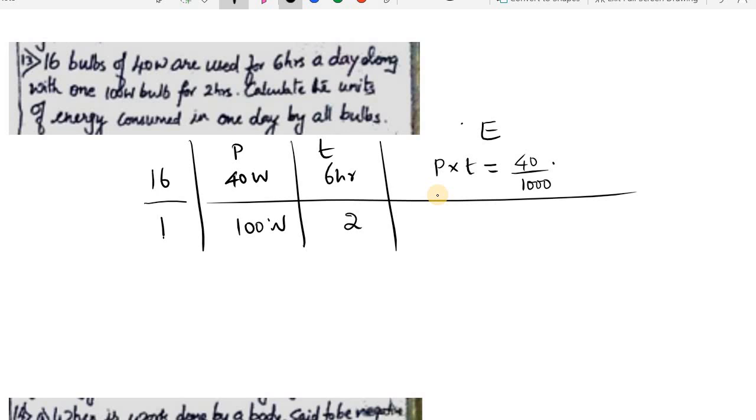So 40 by 1000 into 6. Here it would be, and there are 16 bulbs, so this whole thing into 16, and here it is again P into T. So 100 by 1000 into 2 into 1.